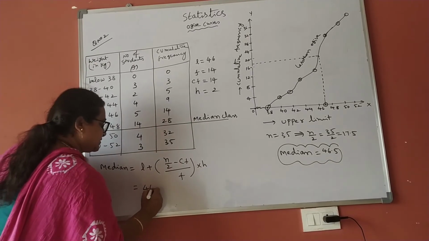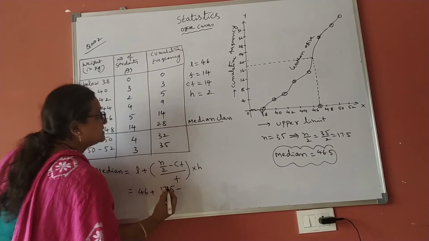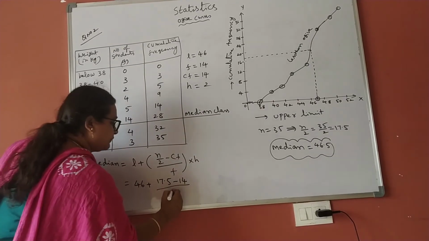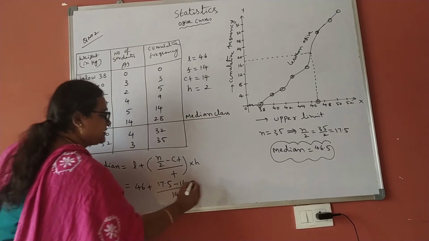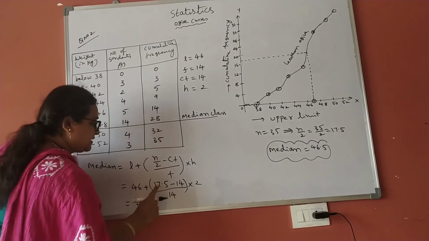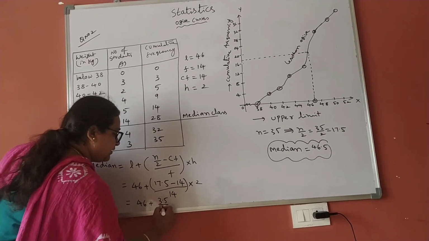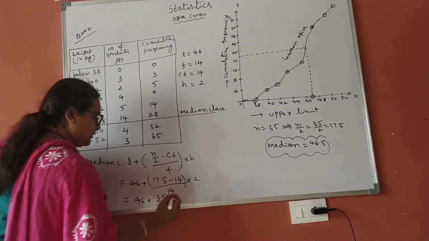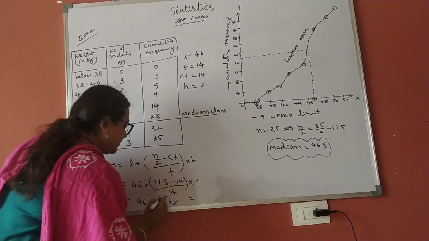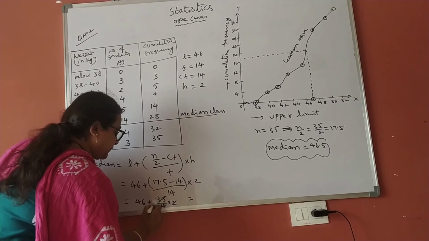L 46 plus n by 2 is 17.5 minus CF 14 by F 14 into h is 2. 46 plus 17.5 minus 14, that is 3.5 by 14 into 2. 2 in 14 will go 7 times, and 3.5 in 7 will go 2 times.